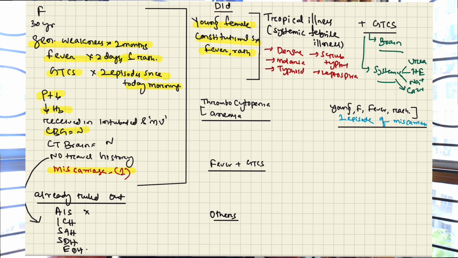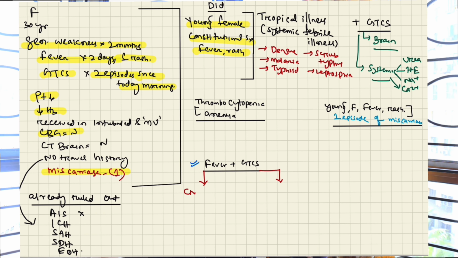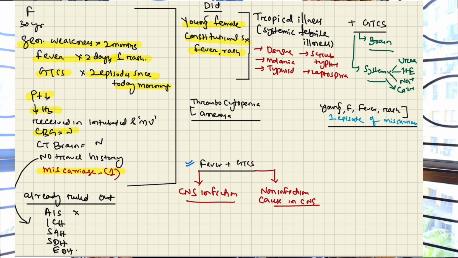Now, coming to a patient who presents with fever along with GTCS. Here we have two probabilities. What are the two probabilities? CNS infection, and non-infectious cause in the CNS. In the CNS infection part, we have three differentials: bacterial meningitis, second is viral encephalitis, and third is systemic infection complicating a CNS problem, that is septic encephalopathy.